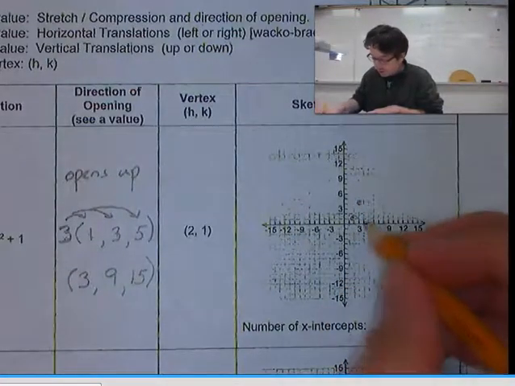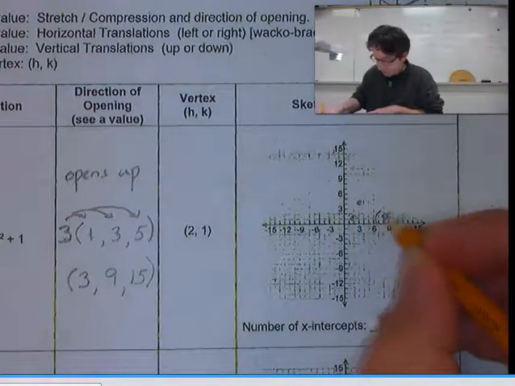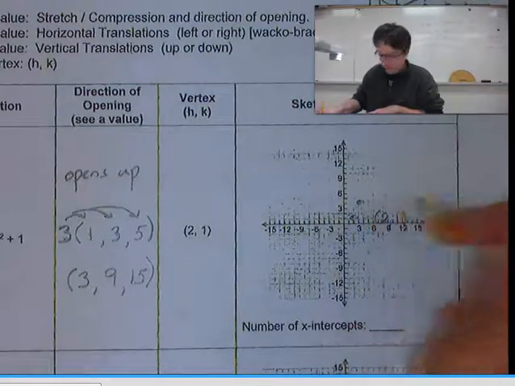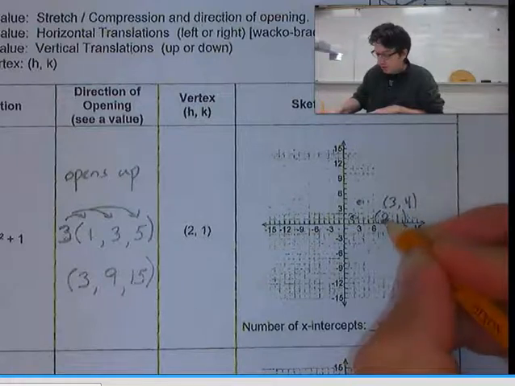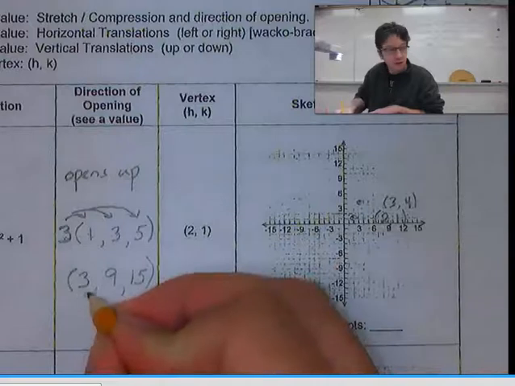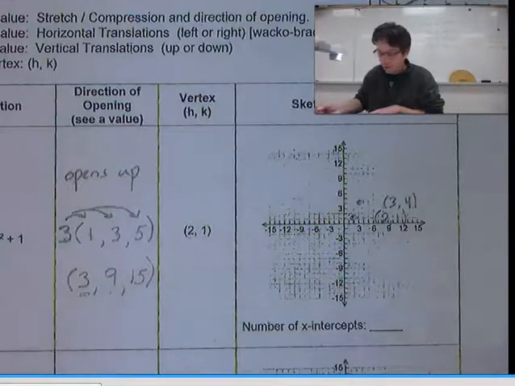So that coordinate, if our vertex was the coordinate 2, 1, this next point is going to be 3, 4. Right? Our x increases by 1, our y increases by 3. Then your x will increase by 1 again, and your y will increase by 9.